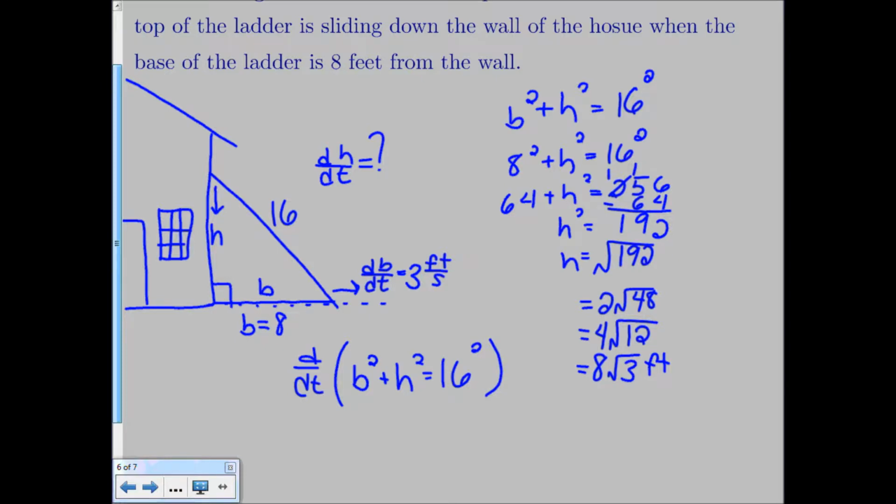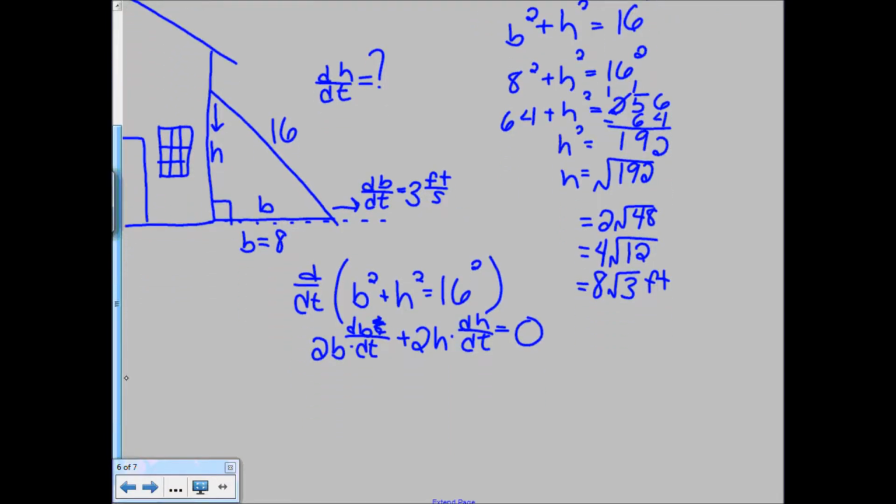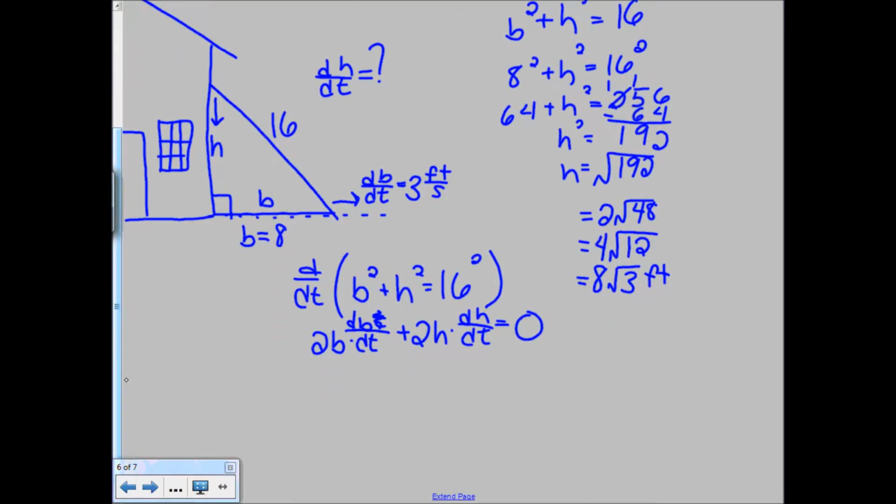So the derivative of b squared is going to be 2b times db/dt, plus 2h times dh/dt, which is going to equal 0, because 16 squared, even though it has an exponent, you're not going to use your power rule on it, because 16 squared is just another constant, so its derivative is going to be 0.